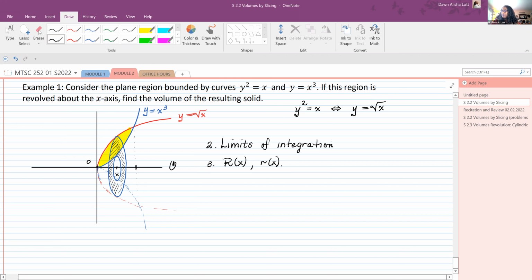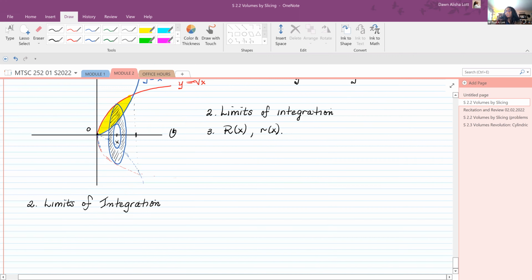So how can I find that value or the point of intersection? Again, I need to find the point of intersection.